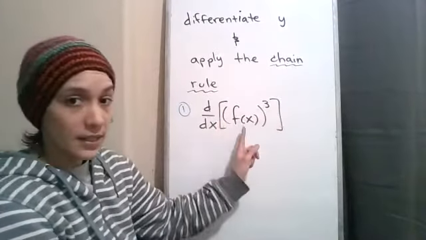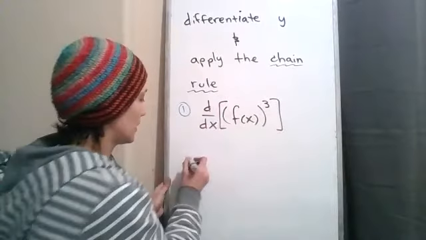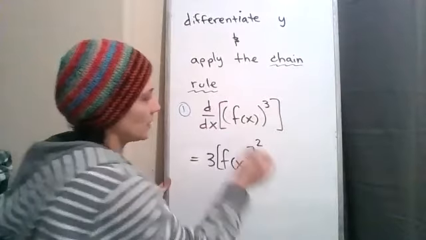You get 3 times f of x squared times the derivative of the inside, f prime of x.